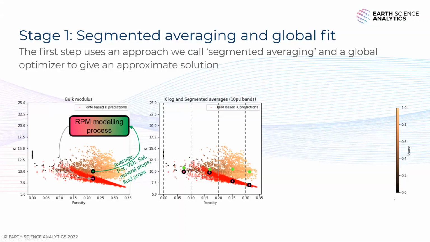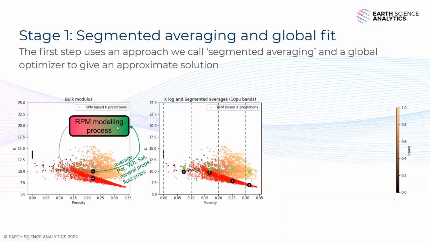The other thing that we're doing here is that instead of modelling all the data and then averaging within each band or segment, as we've shown here, we take the average porosity point, the average V shale point, the average saturation values, the average mineral properties, and the average fluid properties, and we put those averages into the rock physics modelling process to get out a rock physics modelled average point.